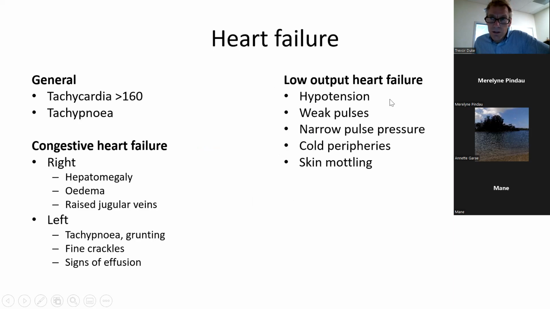So I thought it's worth, first of all, thinking about heart failure in terms of the clinical signs, and there are some general signs of heart failure. Tachycardia and tachypnea are general signs of heart failure, regardless of what type of heart failure you've got. There's tachycardia and tachypnea almost always.